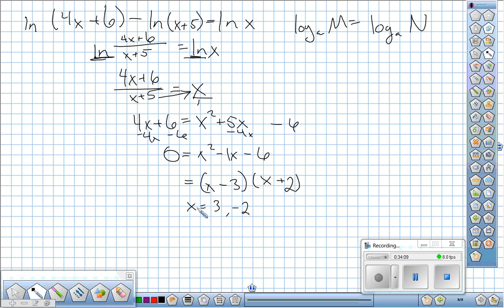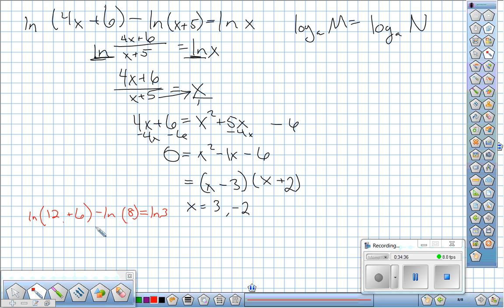I plug those back in to check those answers, and then I will get the natural log of 12 plus 6, not x, just 12 plus 6, minus the natural log of 8, and I want to see if that's equal to the natural log of 3.